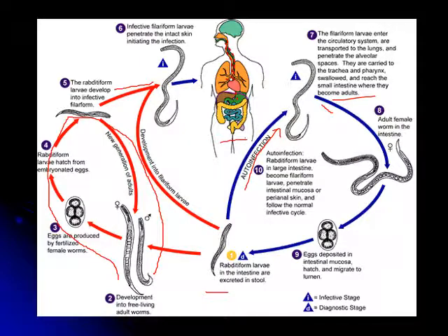Also, it may transform into filariform larva inside the human body, and so the cycle is repeated by auto-infection, or it transforms into filariform larva in the mud and repeats the life cycle from outside the body.